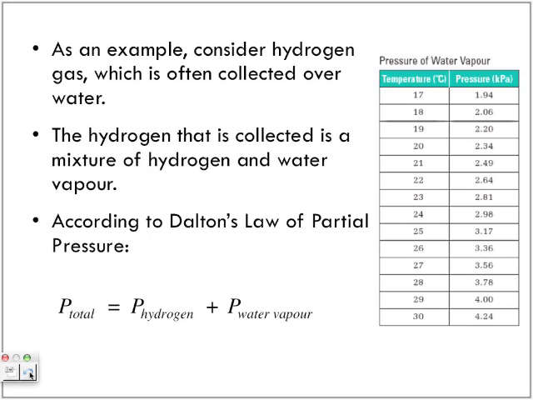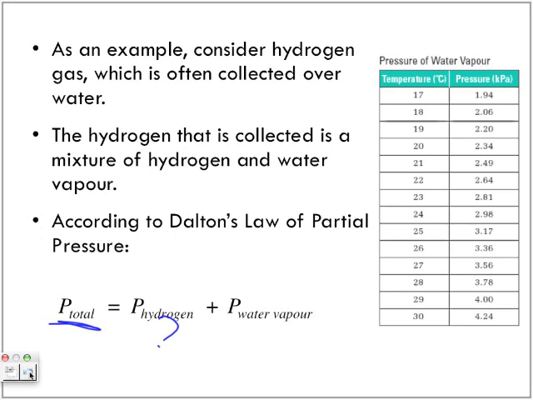I've got this table here that shows the actual pressure of water vapor at various temperatures. Let's say we're given the entire pressure, and we need to find the pressure of the hydrogen.